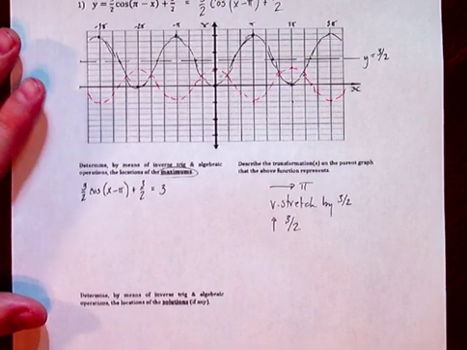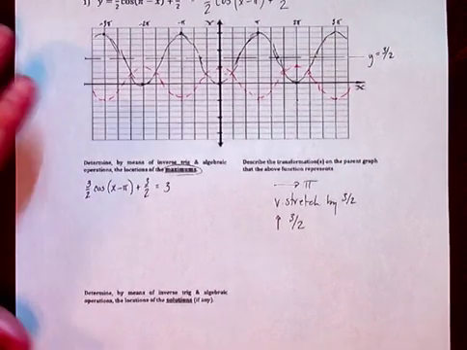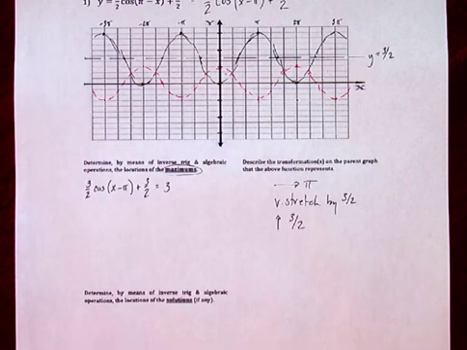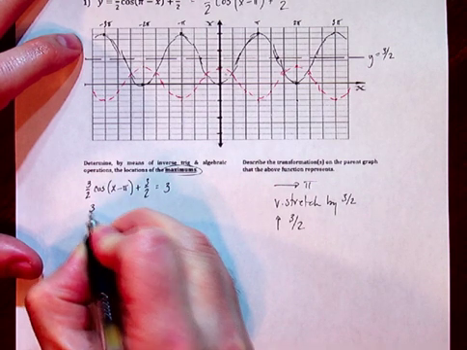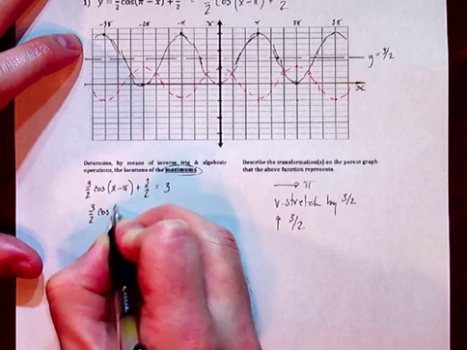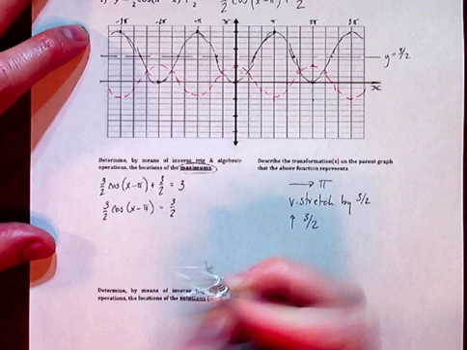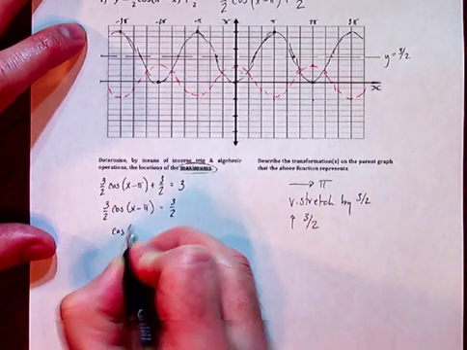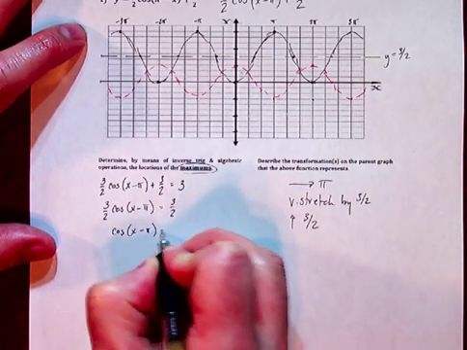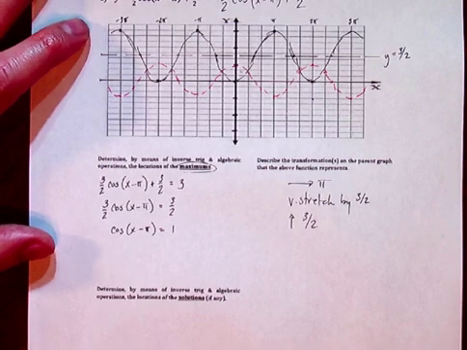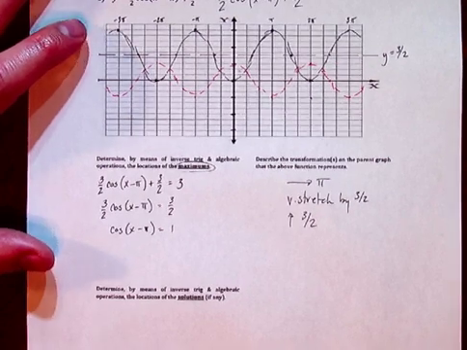Now we simply need to solve for x, and just like any other solving of equations, we need to undo what's being done to the variable in the opposite order in which it was done, right? And so we subtract 3/2 from both sides, and then we divide both sides by 3/2, and then at this point we're asked, when is cosine equal to 1?